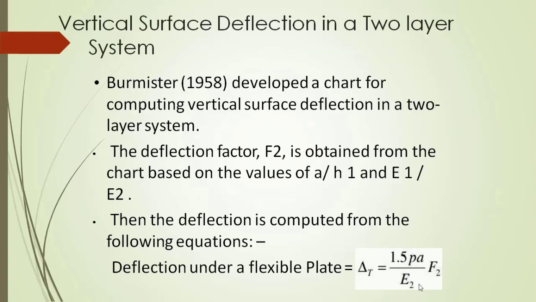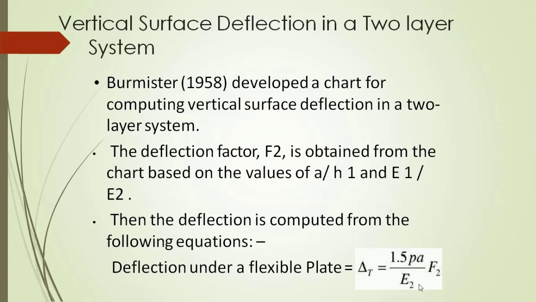Assuming a pavement consists of a single layer having elastic modulus EP lying over the subgrade with the elastic modulus ES, it is observed that the vertical stress on this subgrade is reduced from 70 to 30% by introducing a pavement layer of thickness equal to the radius of the load, or H is equal to A, with elastic modulus 10 times higher than the elastic modulus of the subgrade soil. So that is, we can say that EP by ES is equal to 10.